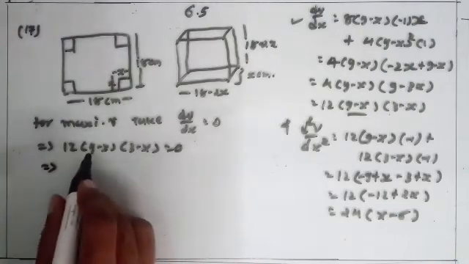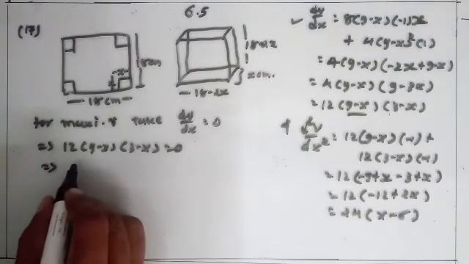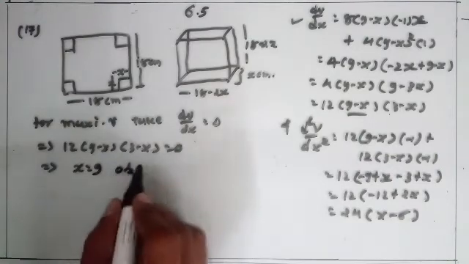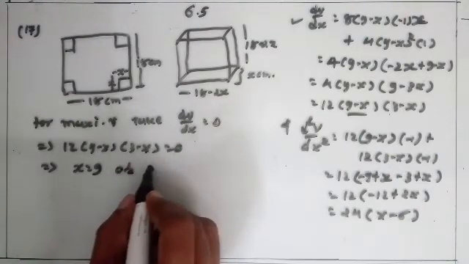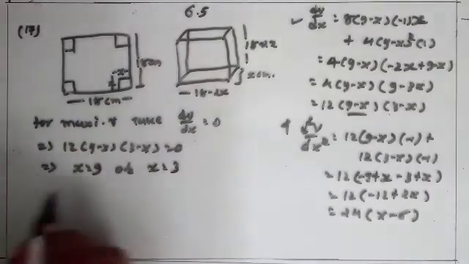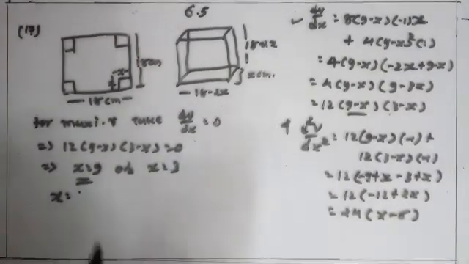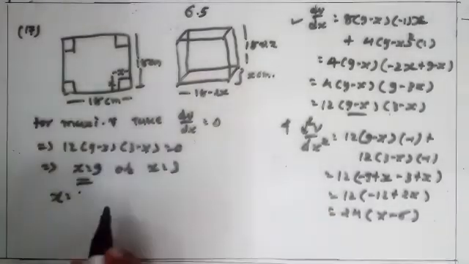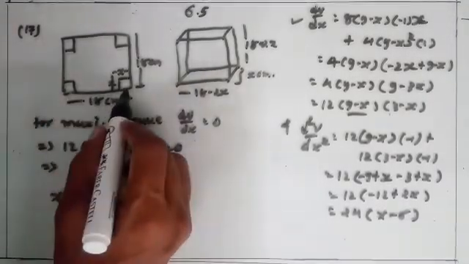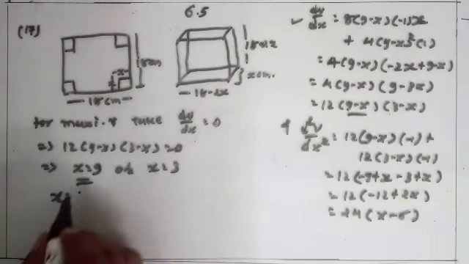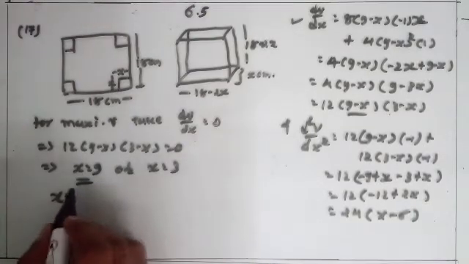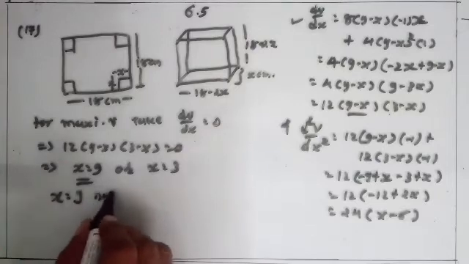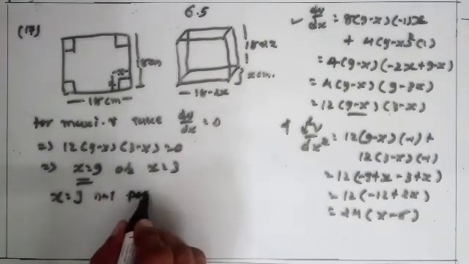This implies 9 minus x is equal to 0, so x is equal to 9, or 3 minus x is equal to 0, so x is equal to 3. If we take x equal to 9, then this is not possible, because the total length of the tin is 18, so x equal to 9 is not possible.